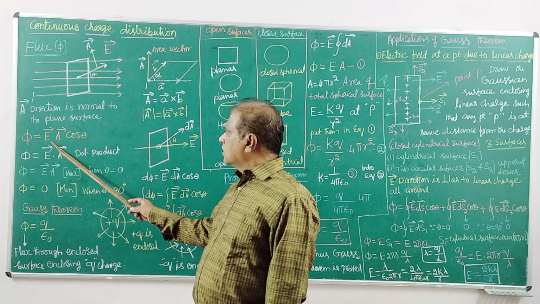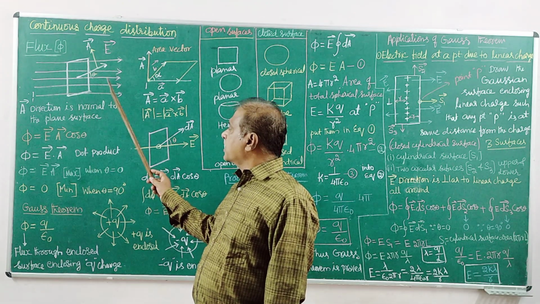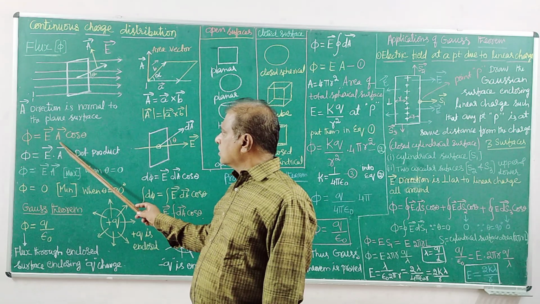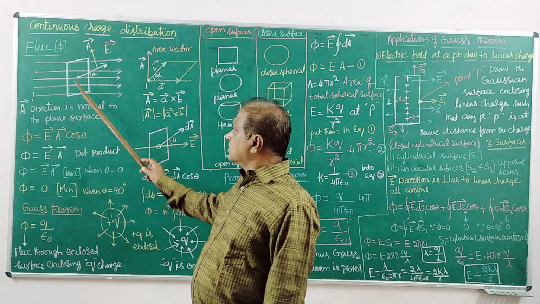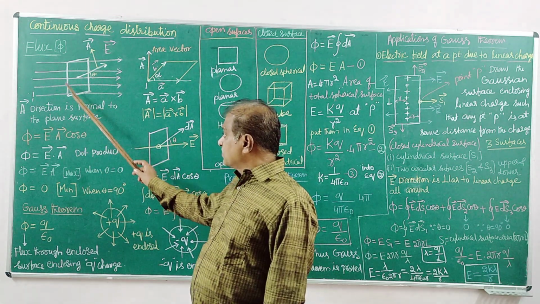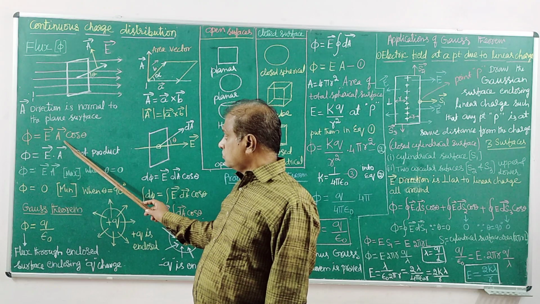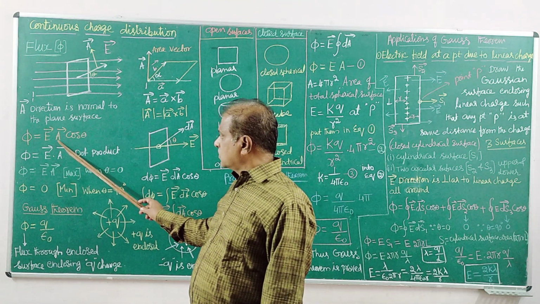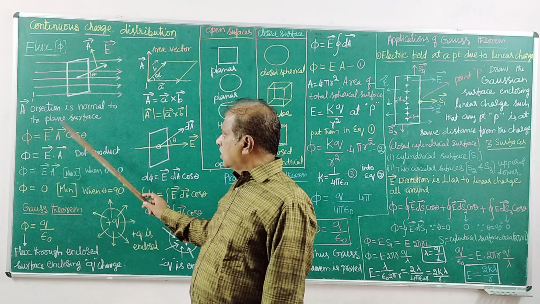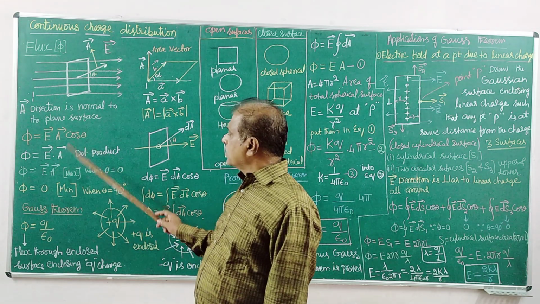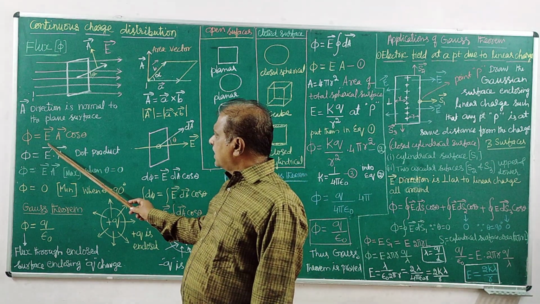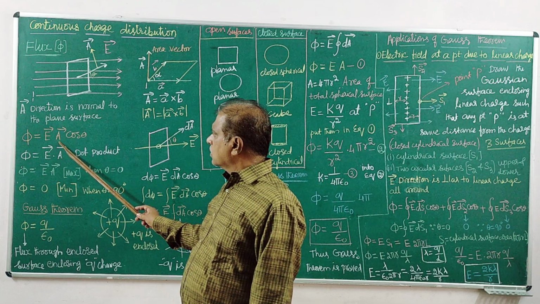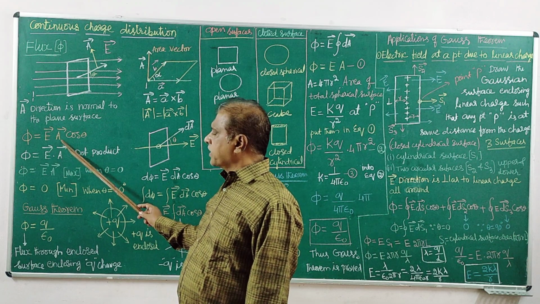E is the electric field strength, and A means the area through which that electric field is passing. This is a vector and this is also a vector. And cos theta, I'll tell you what cos theta is. That is the electric field into the area vector. Area is also a vector.